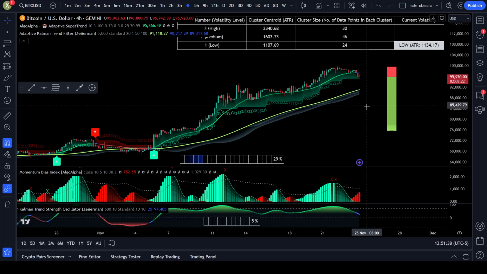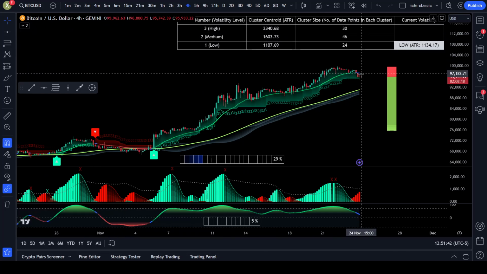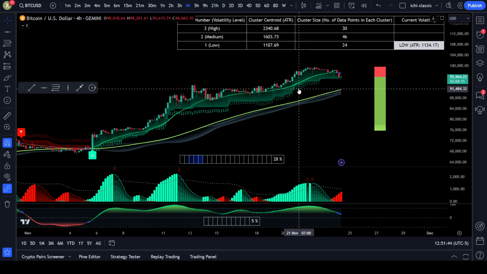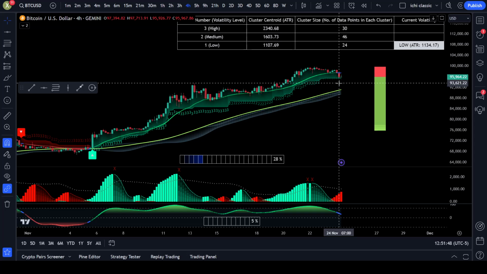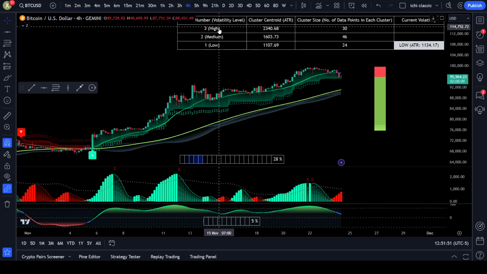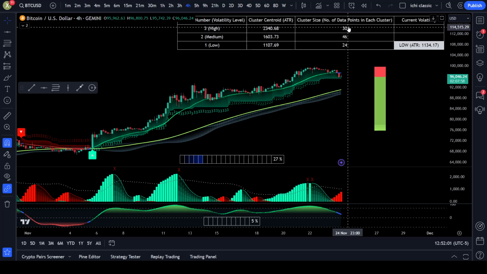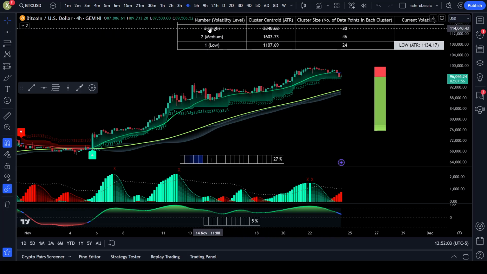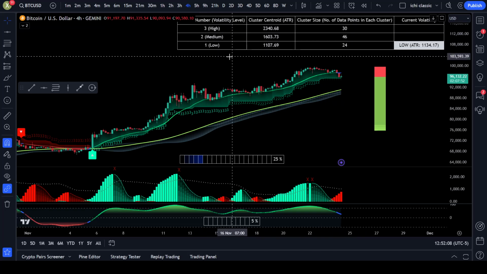So the first condition is that the candle should be marked, instead of 1 and 2, it should be 3, 3 under this candle, because it should be volatility level number 3. And then cluster size, number of data points, should be the highest under the 3 volatility level. Right now the highest is on 2.